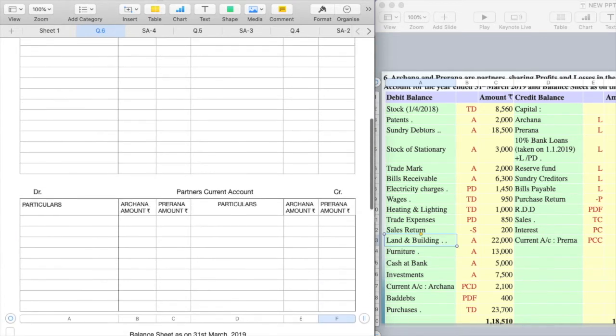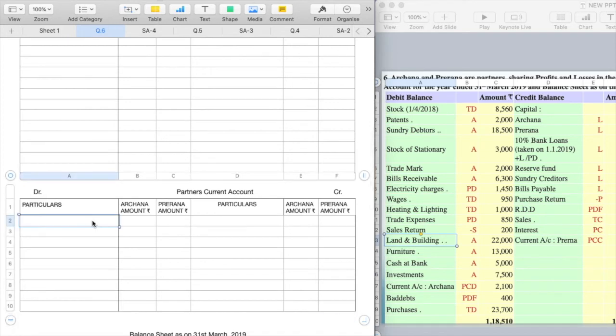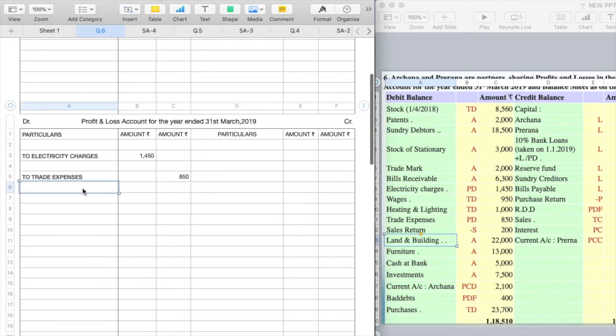Then current account of Archana, so to balance brought down. In Archana's column you have to write 2,100. Then bad debts, so right here to bad debts amount is 400.